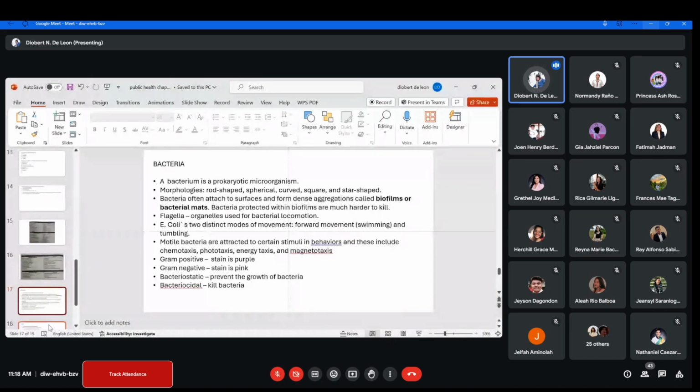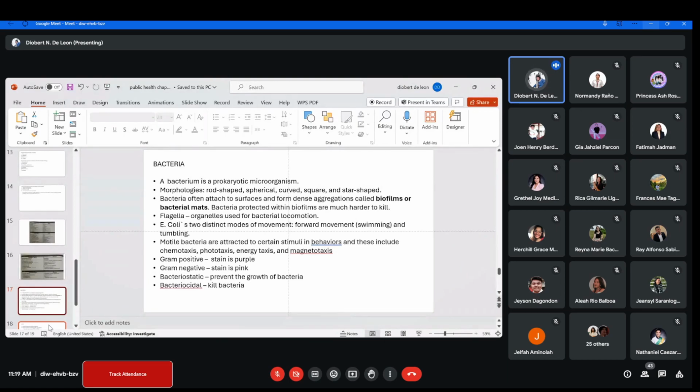Bacteria can be classified according to how they respond to gram staining, no? So we can identify whether it is positive or negative. Because of the thick layers of peptidoglycan in the gram-positive cell wall, the stain is purple. On the other hand, for gram-negative bacteria, the stain is pink.